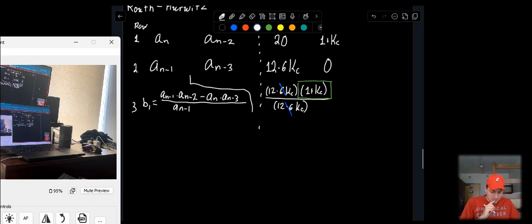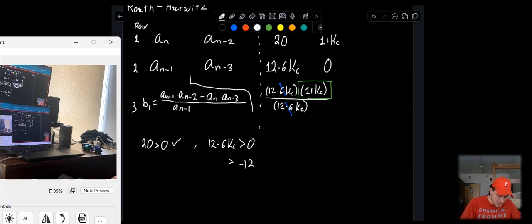So now the limits of our tuning parameter kc are, of course, limited in stability conditions by the quantifier that they all have to be greater than 0. So obviously for row 1, 20 is always greater than 0, so that is okay. For row 2, 12 minus 6 kc must be greater than 0, which implies that negative 12 must be less than negative 6 kc, or that kc must be less than 2.